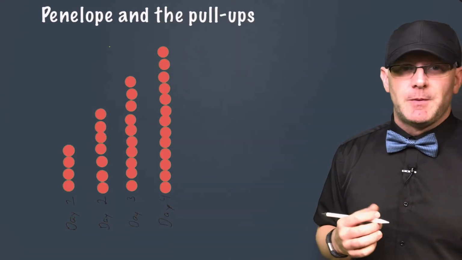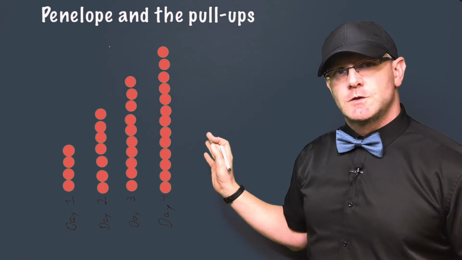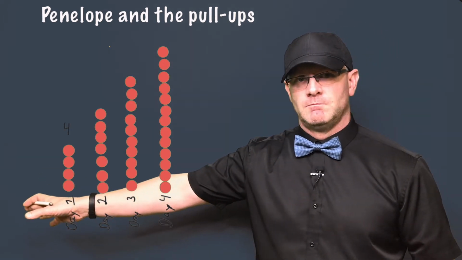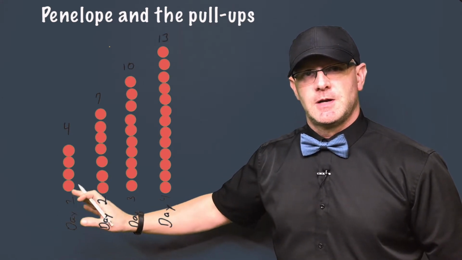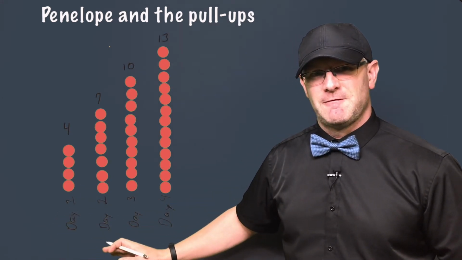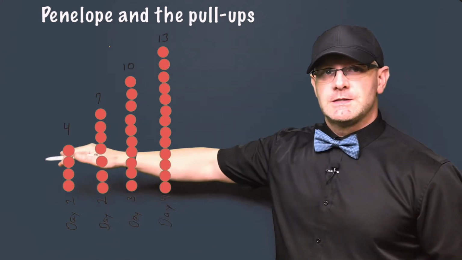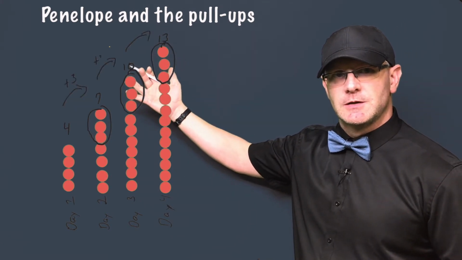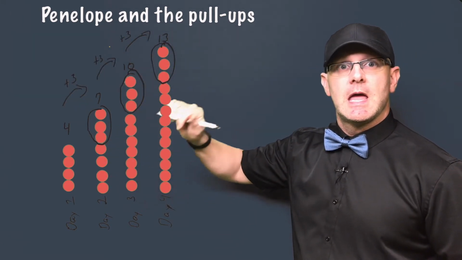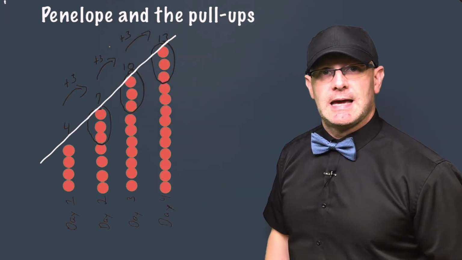Okay, Penelope. So we go ahead and we label Penelope's work. We build out our chart of day 1, 4 pull-ups. Day 2, 3 more at 7. Day 3, 3 more at 10. Day 4, 3 more at 13. We can see that this is going to be a linear function, and we're increasing by a constant rate of change each time, adding 3.